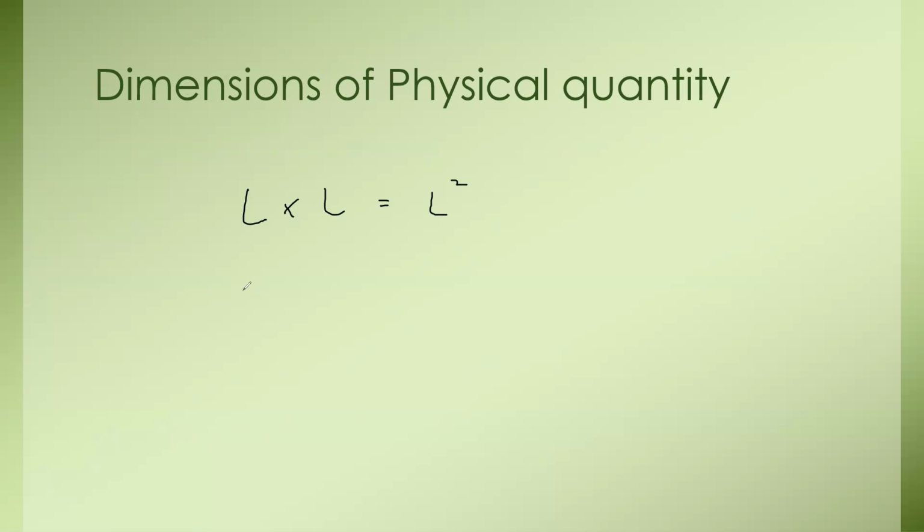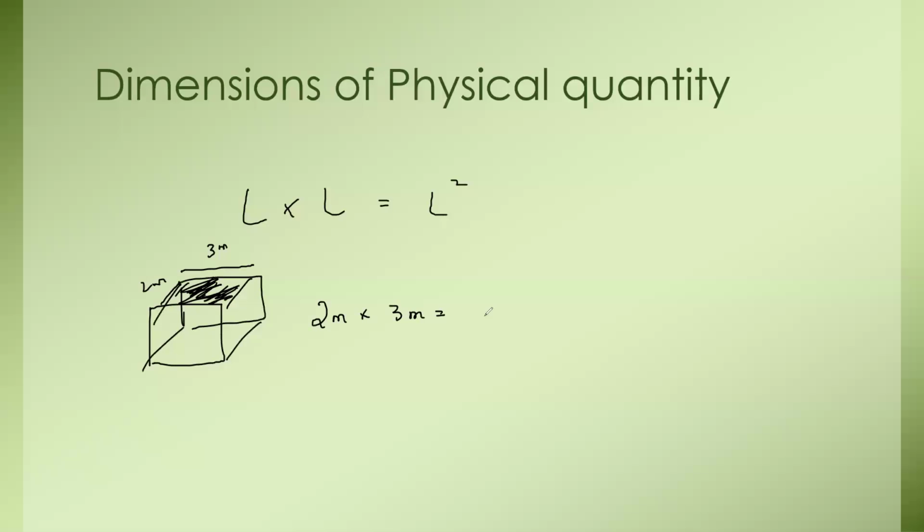For example, if you have a cube or a cuboid, say one side is 3 meters, the other side is 2 meters, and you want the surface area. So 2 meters multiplied by 3 meters, 2 multiplied by 3 makes 6, and then meter squared. So you got 6 meters squared. This was length, this is also length, but when you multiply, you get another dimension, you get an area.